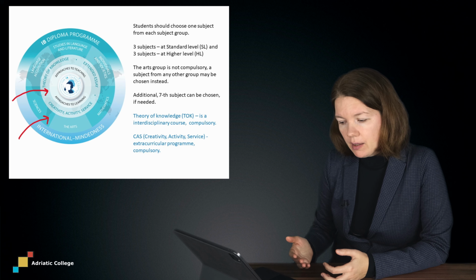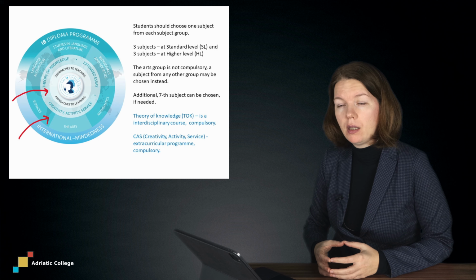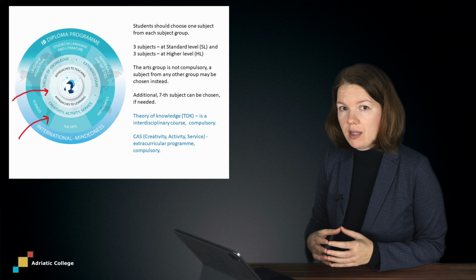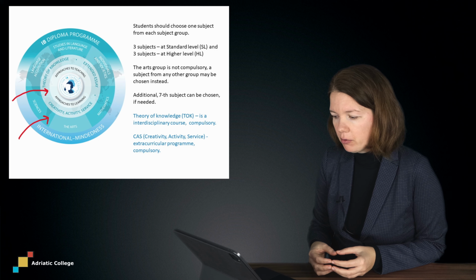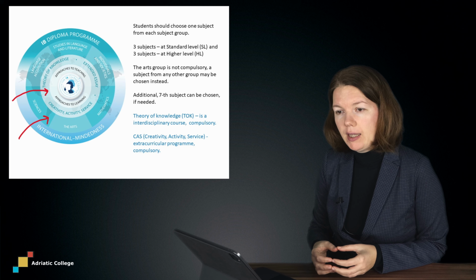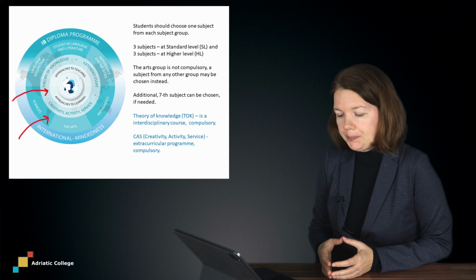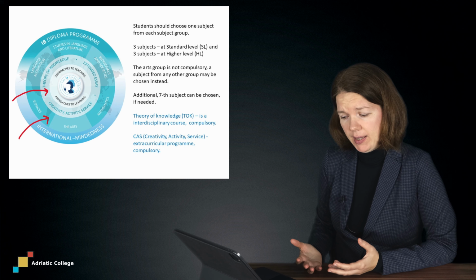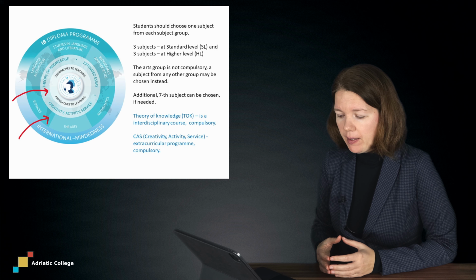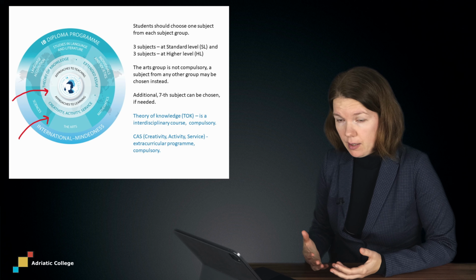Or for future medical students, it's required to have both biology and chemistry, which are subjects from the same subject group, which sometimes implies choosing an additional 7th subject or swapping an art subject for the 2nd subject from the group 4. So there can be nuances, can be specifics about the DP subject choice, and you should think ahead about them.